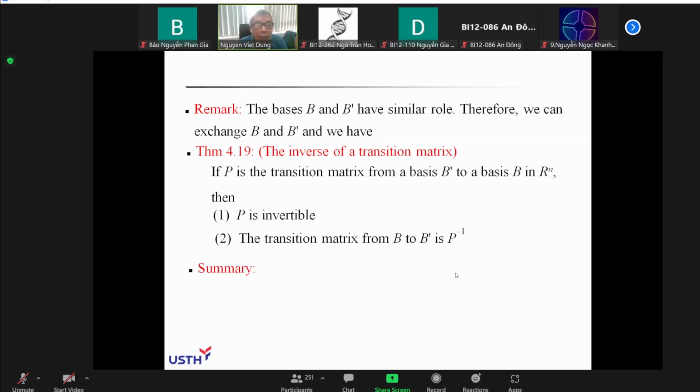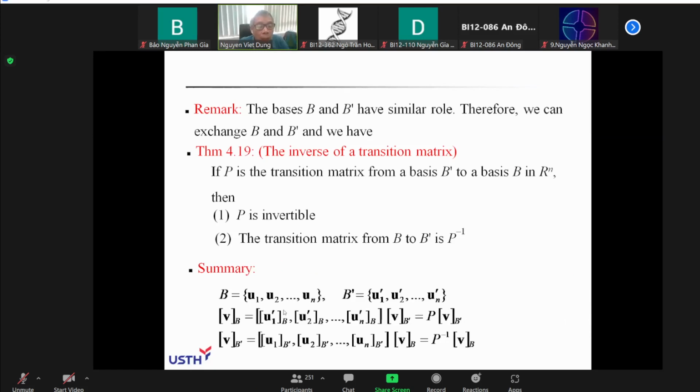So I summarize it here. B, the basis, consists of vectors U1 up to UN. B prime is the basis that consists of U1 prime up to UN prime. And then the coordinate column of V relative to the basis B will be P times the coordinate column of V relative to the basis B prime.